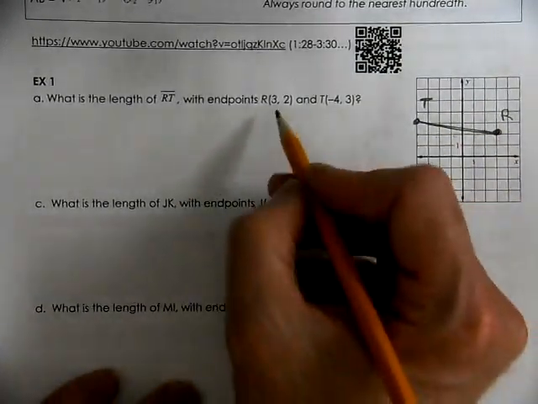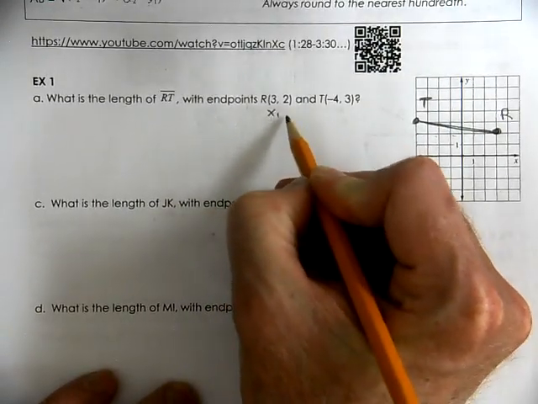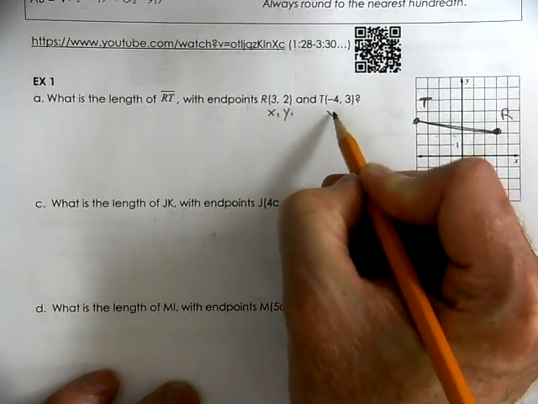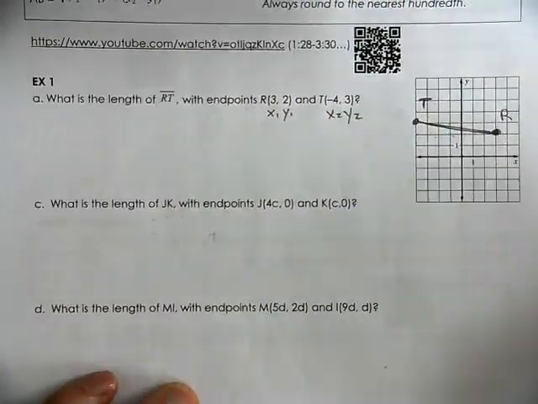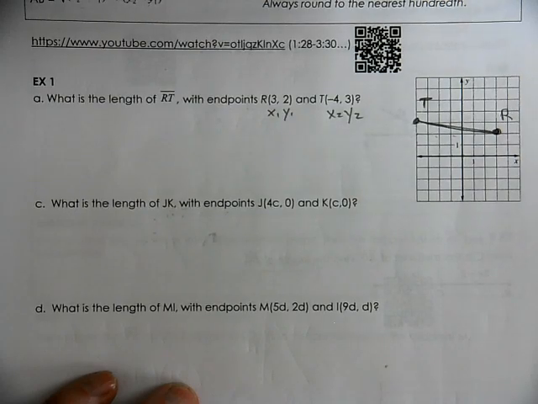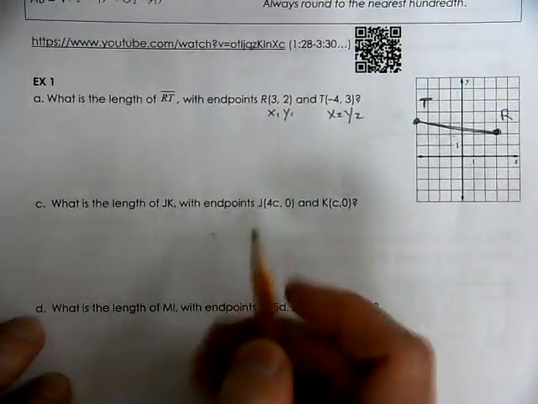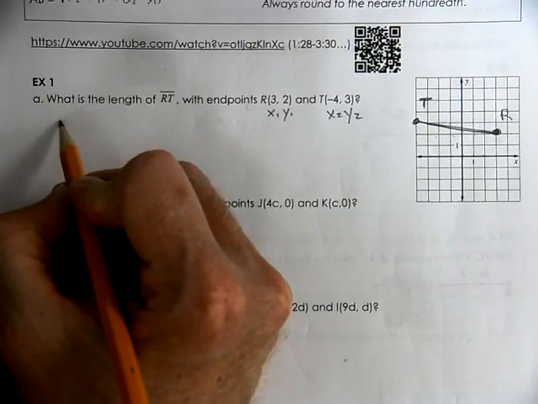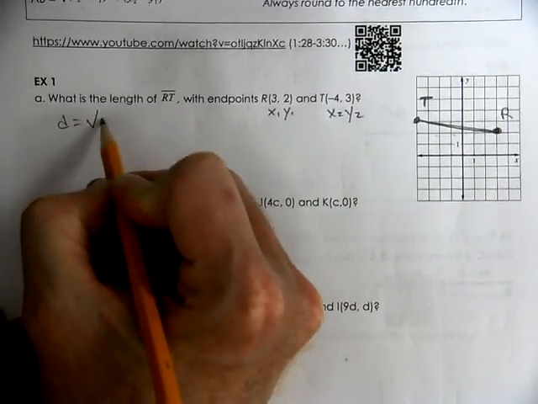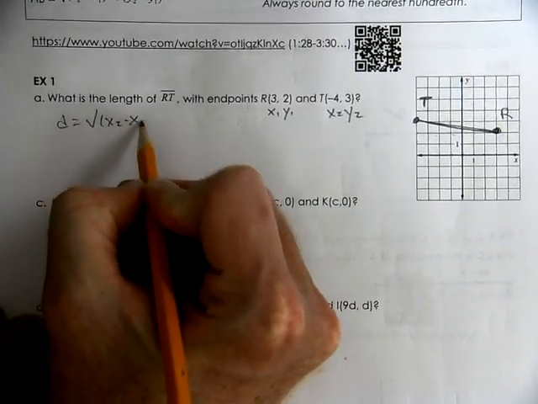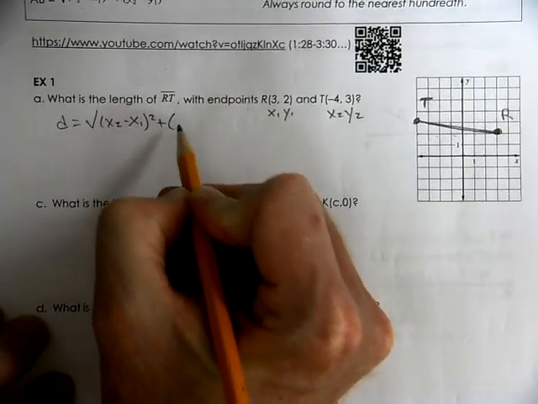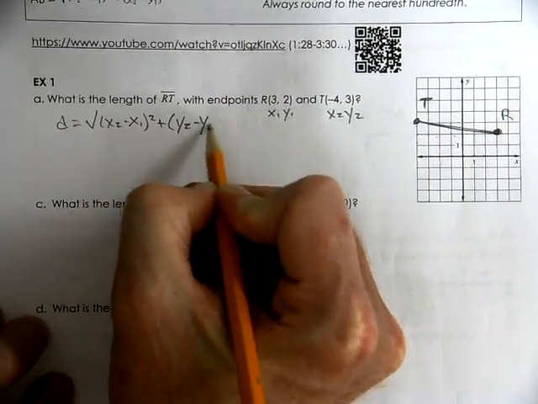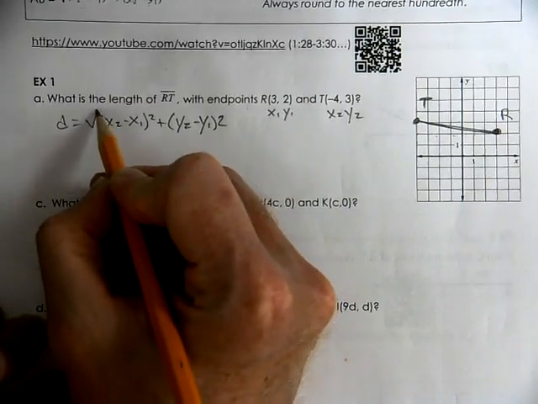So now we have our points. This would be considered x1 and y1, x2 and y2. And we're going to use our formula. If you recall, it was the distance is the square root of x2 minus x1 quantity squared plus y2 minus y1 quantity squared.